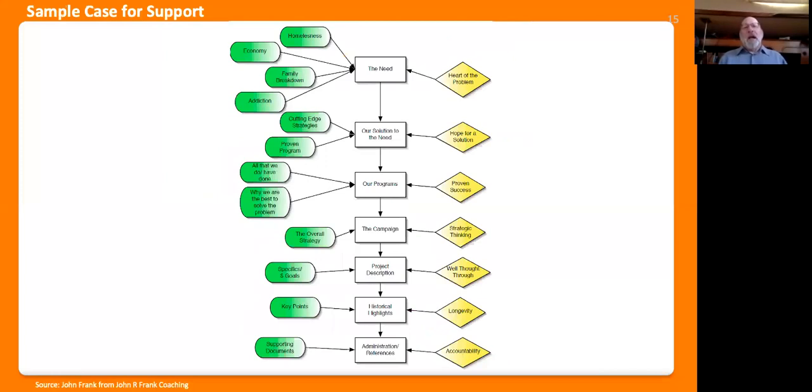Here we go. Now, you've had some study on what is the case for support. As you noted in my development strategic plan, we had the 5-year plan and the 1-year plan. We're going to stick with this as the 1-year plan, but I came up with this for a capital campaign.